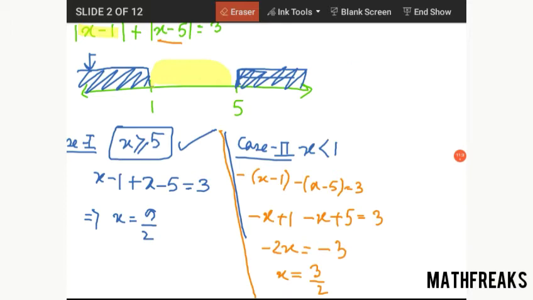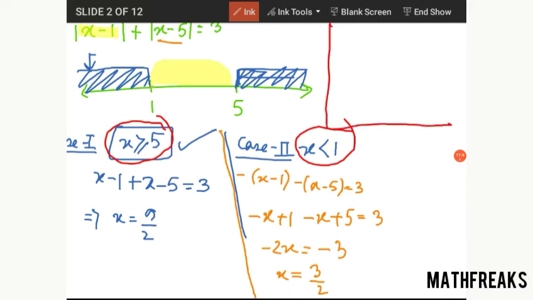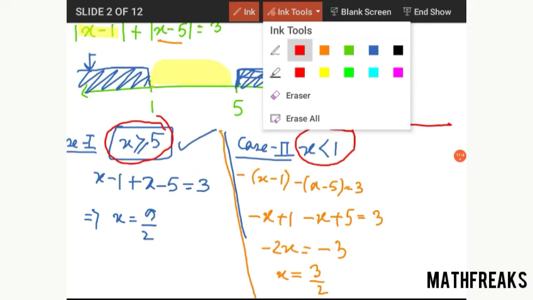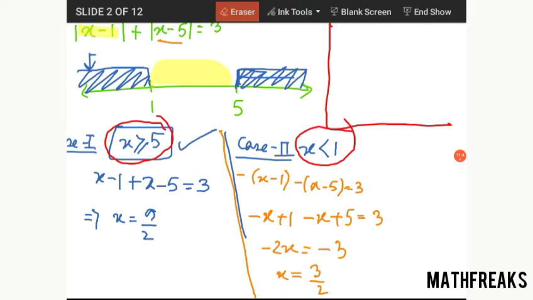See, for one case we have taken x is greater than or equal to 5, and for the second case we have taken x is less than 1. So for the third case, can we take x greater than or equal to 1 but less than 5.